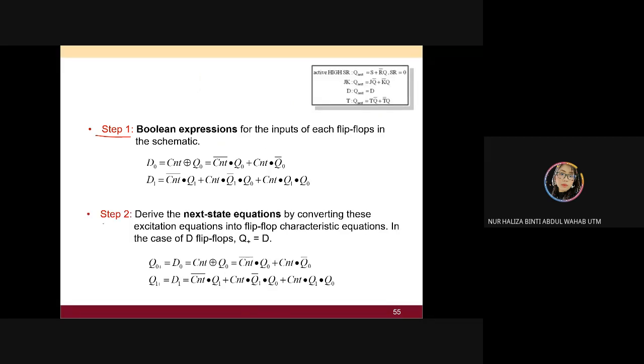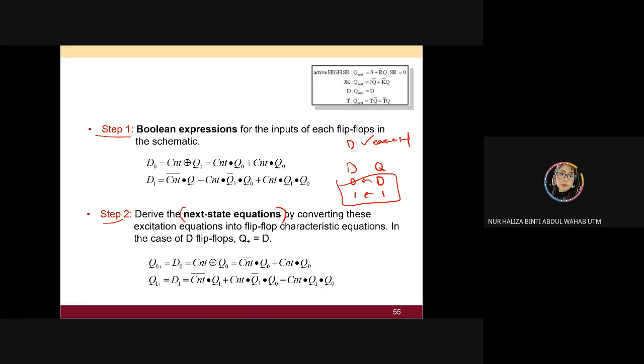For the second step here, you can see you need to come up with your next step equation. Last time, if you still remember, I said D is easier. Why is it easier? Because if you remember, you have D, you have Q. This is your next Q, which always follows the D, isn't it? It's always following the D. You remember this table?